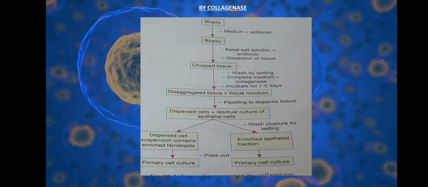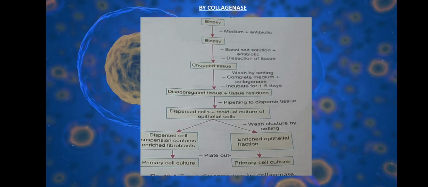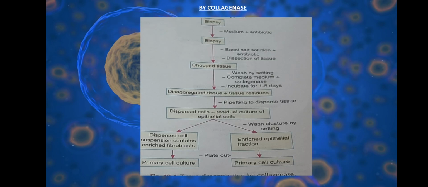With the help of two enzymes, cells can also be isolated: the first using collagenase and the second using trypsin. With collagenase, the biopsy method is used, that is, a tissue sample is extracted or cut, and the medium plus antibiotic forms a balanced salt solution.